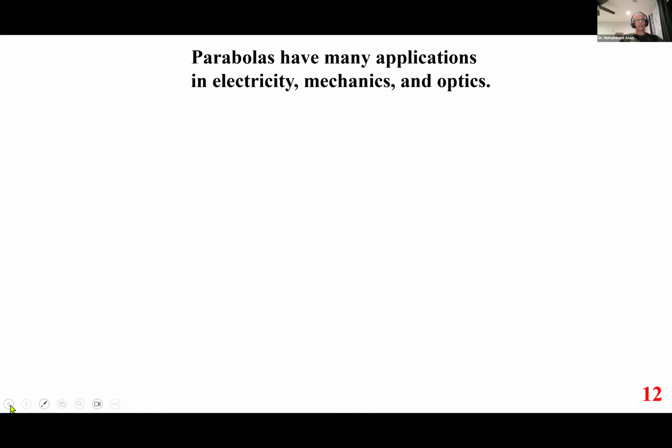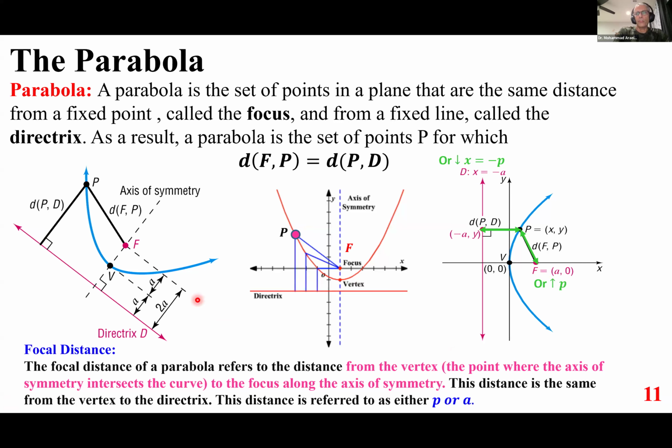Just go back. So as far as the concept of a focal distance is concerned, this distance, which is equal to this distance, which is equal to this distance, is known as a focal distance.